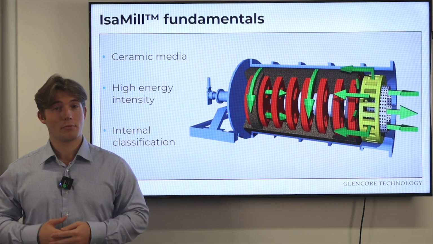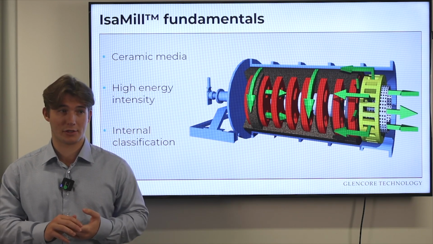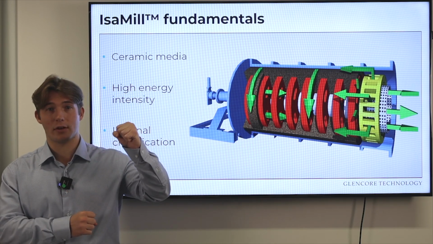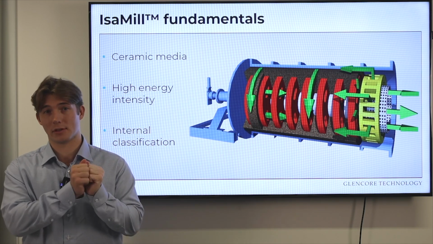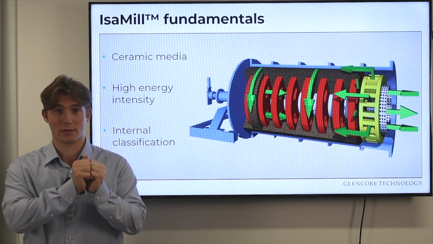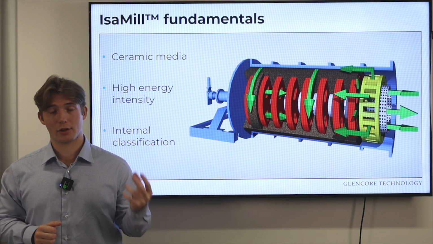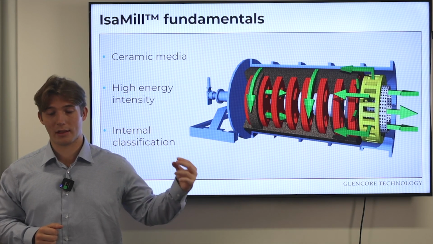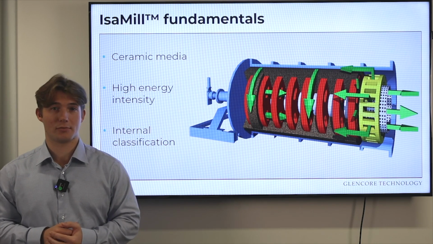This rotation provides media and slurry with extreme amounts of agitation and centrifugation, forcing them to the outside of the mill close to the shell. And this is essentially where most of the abrasive environments are occurring and most of the particle slurry collisions are going to be. The finer particles stay closer to the shaft of the mill where they are allowed to pass through the kidney holes and exit out to the discharge of the mill.